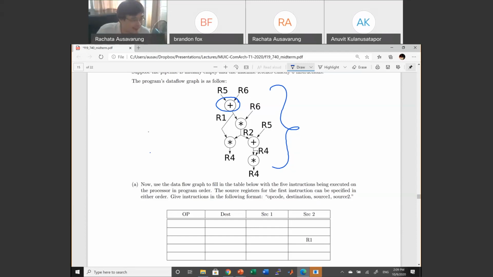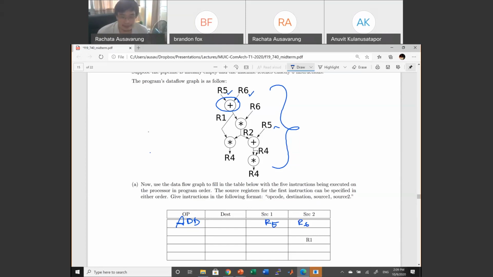So the opcode is what? Add, right? What is the destination based on this data flow graph? What am I adding and what am I producing? Basically, you add R5 and R6, so R5 and R6 become source 1 and source 2.